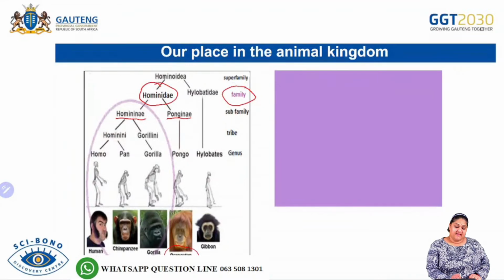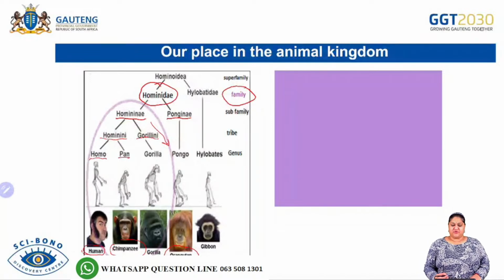And then the Homininae is going to give rise to the Gorillini, which is then going to be our gorilla on the side. And then we have the Homo coming from the Hominini and the Pan. The Pan is the chimpanzee, and then the Homo is basically going to become where our humans are coming from.